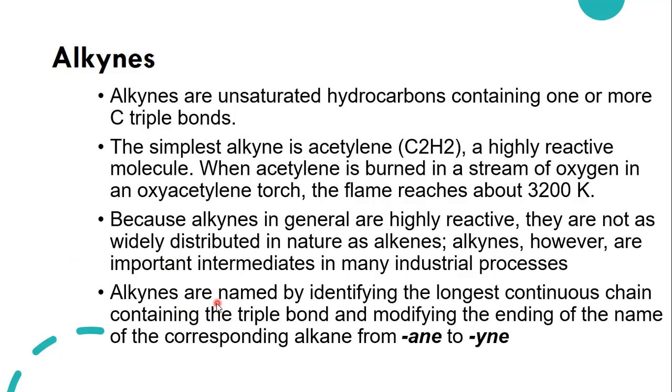Alkynes are named by identifying the longest continuous chain containing the triple bond and modifying the ending of the name of the corresponding alkane from ane to yne, alkyne, Y-N-E.